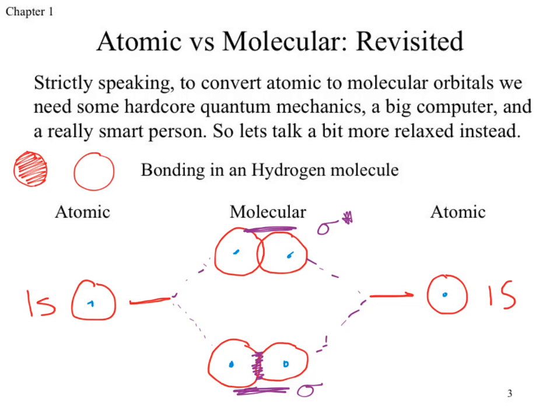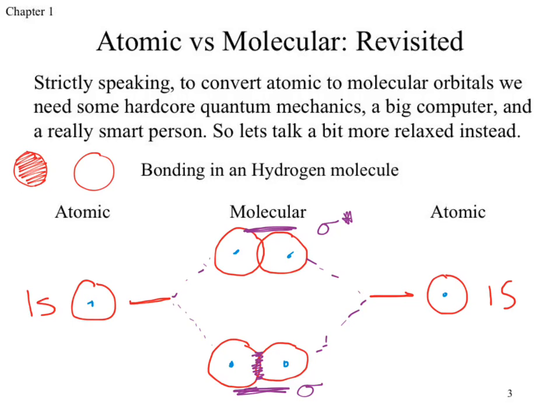How is that going to affect our results? Okay, if we now go through and take that information into our sigma and our sigma star, or anti-bonding, what would be the best way to represent my bonding shape? Would I expect those orbitals to be the same phase or opposite phases?